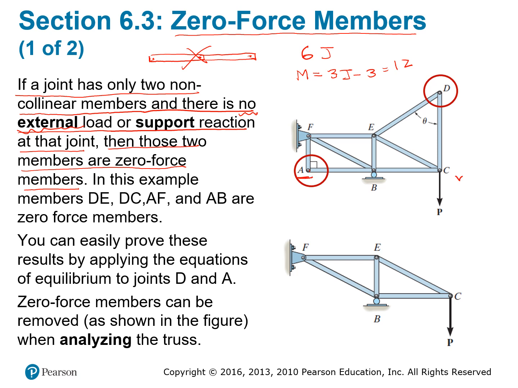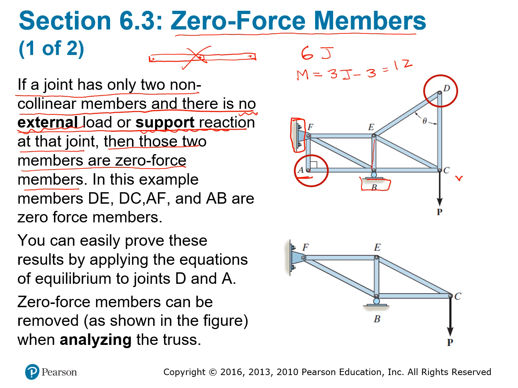Like this one has an external load. And the other situation is a support reaction. What is a support reaction? This is what we call a support. So if you look at this one here, it has an external support, so we cannot use this one as the zero force member.